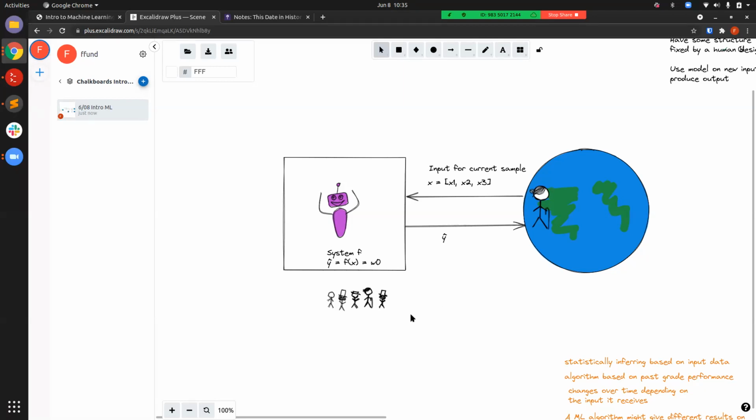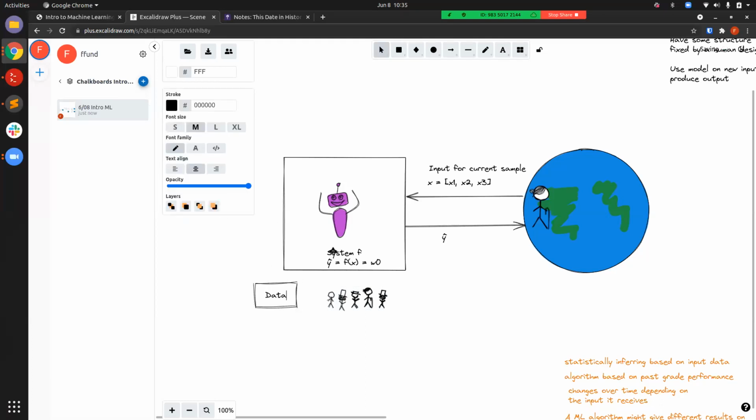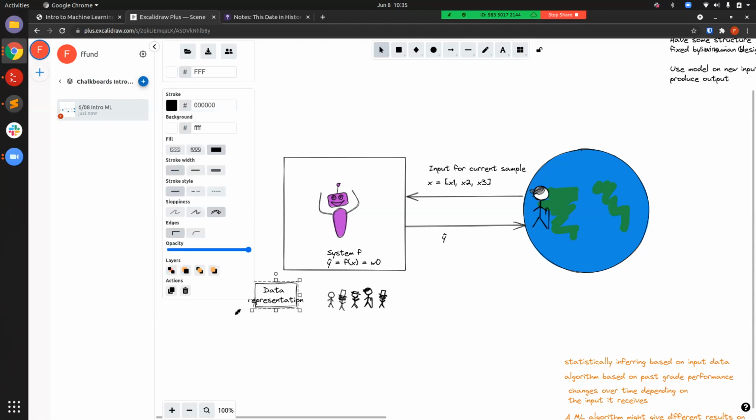But if we're working with language or sound or images, that might be a little more complicated. But for now, it's easy. So let's say we have our data representation. It's right here. And that is the first ingredient in our machine learning system.